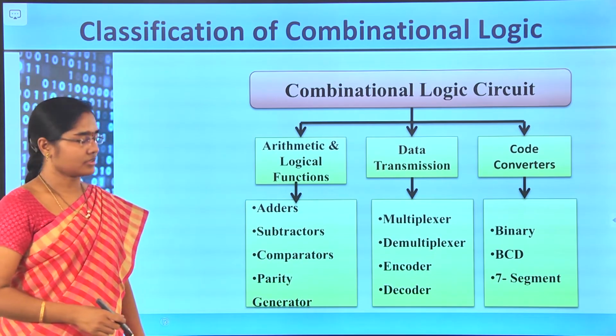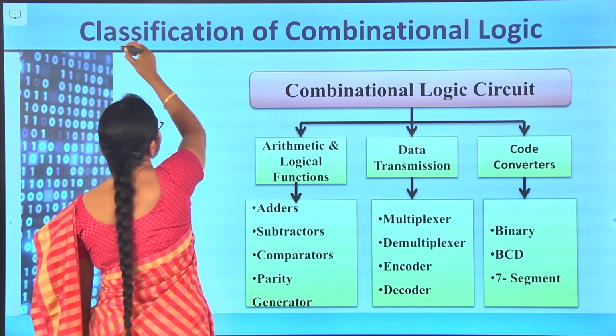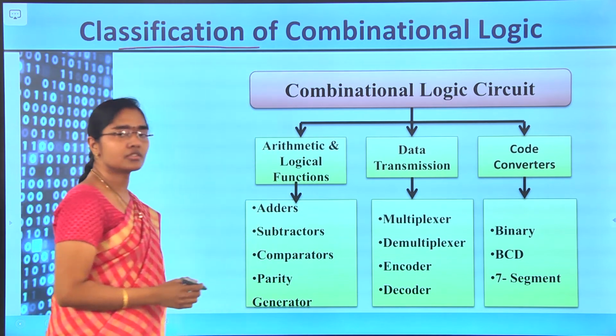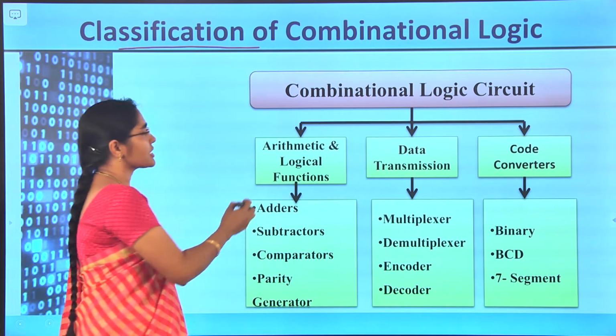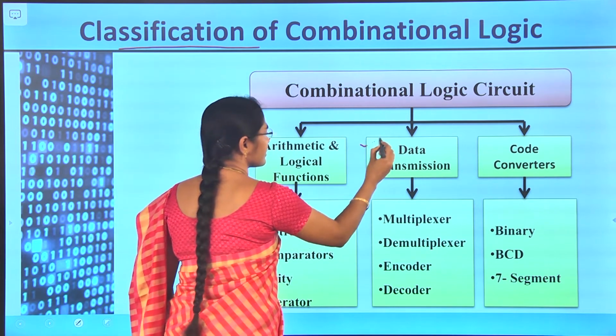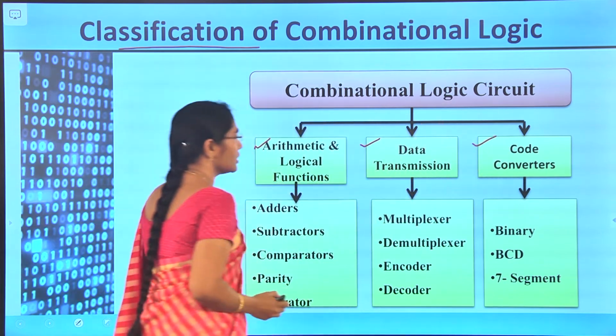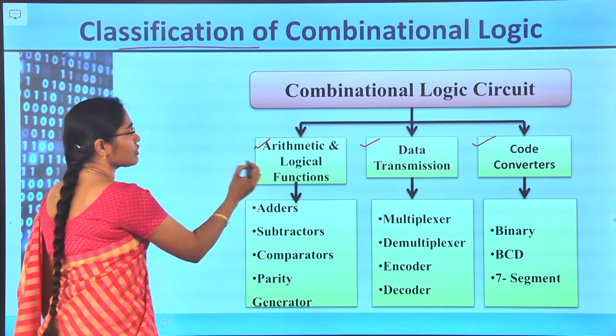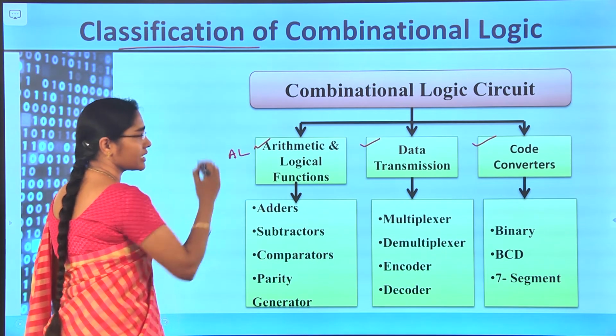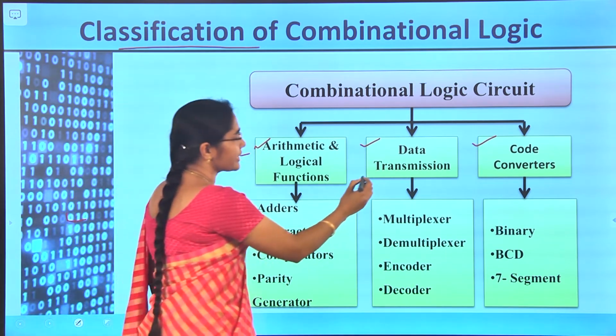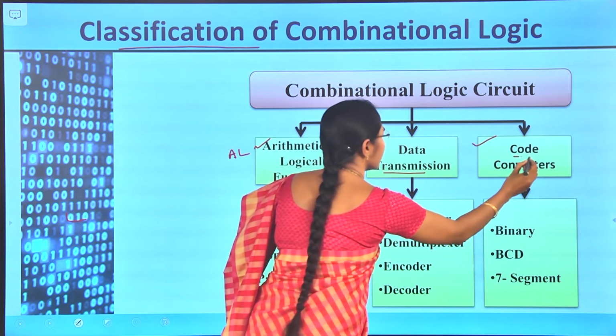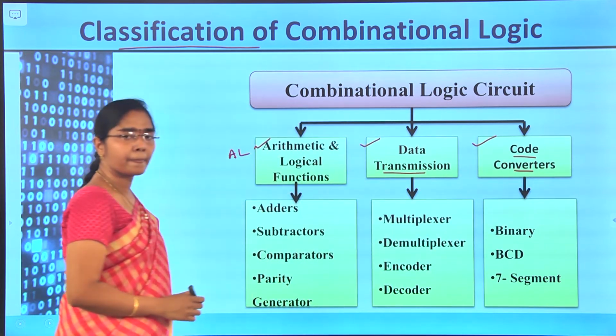Classification of combinational logic circuits. They are classified into three different types: arithmetic and logic functions, data transmission circuits, and code converters.